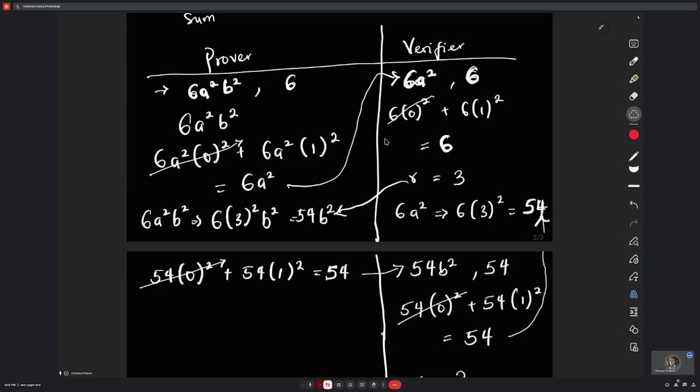So the verifier evaluates 6a at 0 and 1, sums it and gets 6, and accepts, because this 6 is equal to the claimed sum.